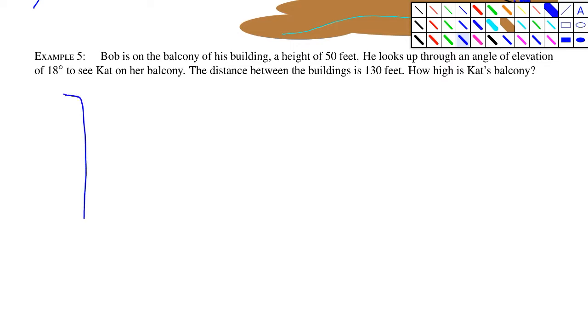Draw Bob's building here, and he's on the balcony. Here's Bob. Bob's happy. And then here is Kat's building. And her balcony is a little bit higher because there's an angle of elevation. So we'll just draw hers here, maybe. Something like this.